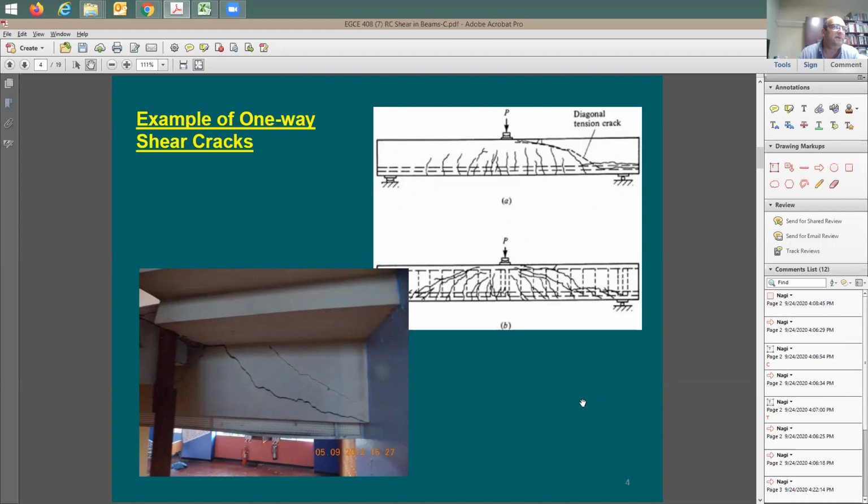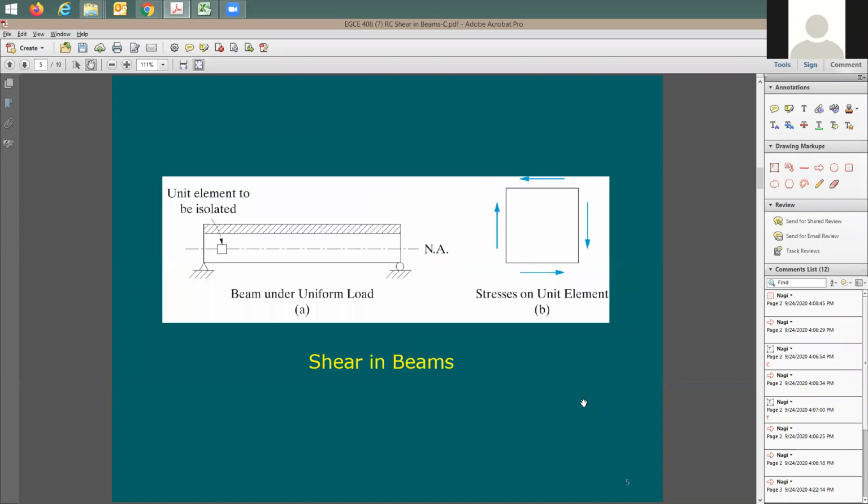Yes, this is correct. So let's take one of these stress elements. We call this a stress element. If you recall, you have taken this in principal stresses and Mohr's circle. I know that you have taken this maybe some time ago. If you take a stress element, what happened? You have this shear, and you know the shear is going to be vertical.